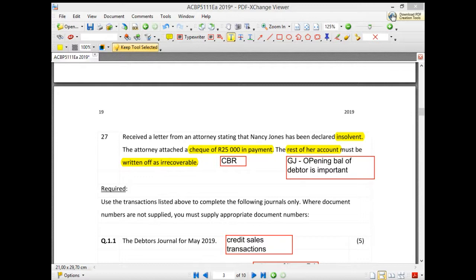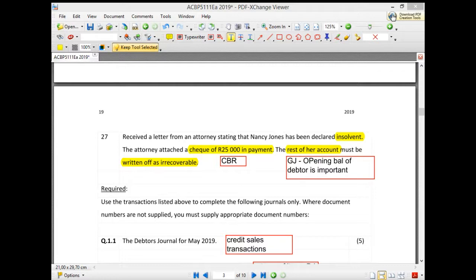Okay, so credit losses is the same as bad debts. Now, because they've given you the accounts at the top, you know the account name is credit losses. If they don't give you the account names, I would mark correct credit losses or bad debts if you take those two accounts. Okay. So this is how you work out how much is outstanding that will be written off as bad debts.